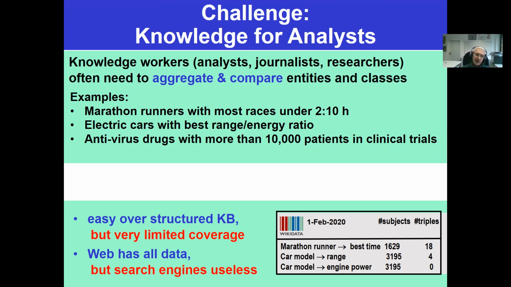But knowledge bases like Wikidata are rich in the entities of interest. So this part is covered, but they're very sparse and poor on the quantitative properties that we need to aggregate over. The web has all the data, but it's spread across many sites in all kinds of noisy formats, and search engines are pretty useless.